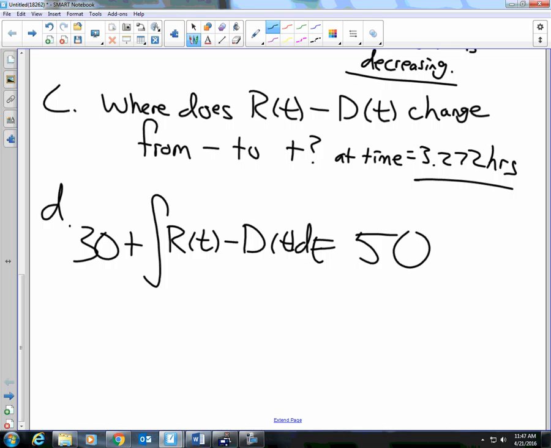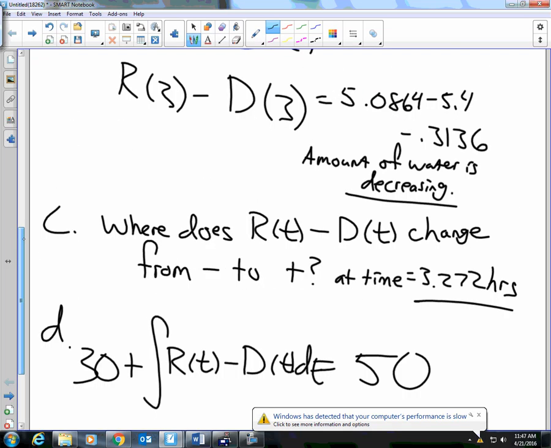If we want to know how far we've traveled, we take the antiderivative of the velocity function. The antiderivative of the rate function will tell us the position function. And so same thing here. This is our rate function. Taking the antiderivative will tell us how much it has accumulated or gathered over that time.